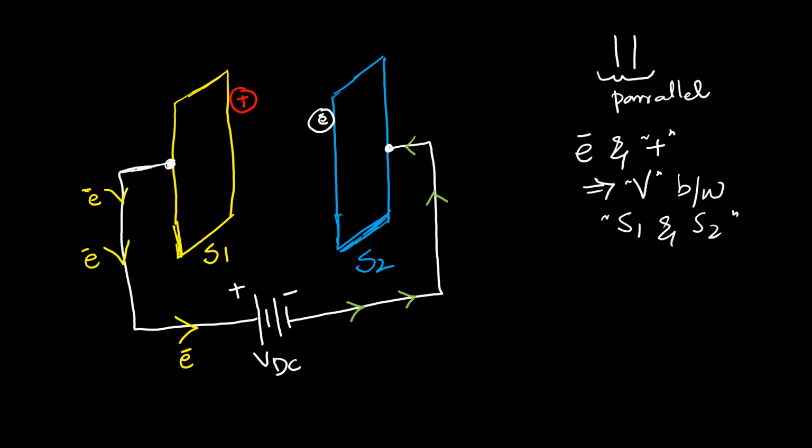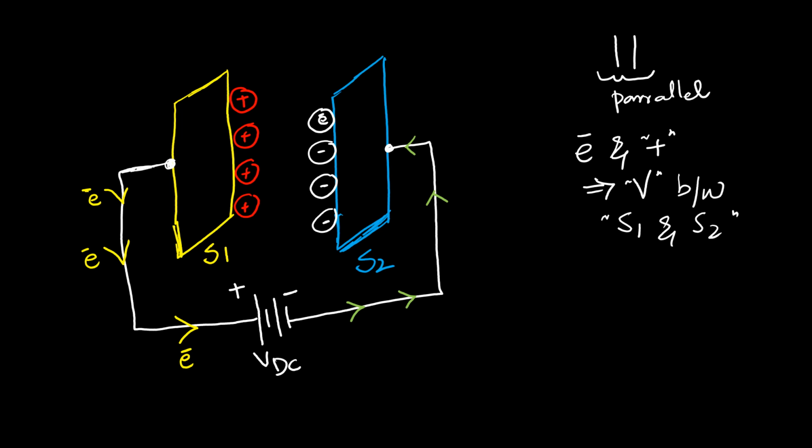If this process continues, there will be a continuous storage of positive and negative charges on the surface of the parallel plates.